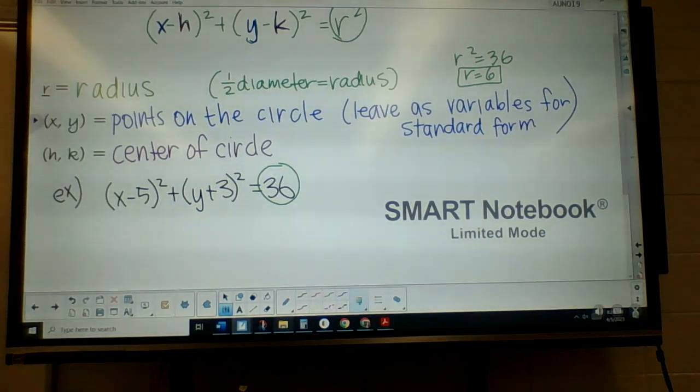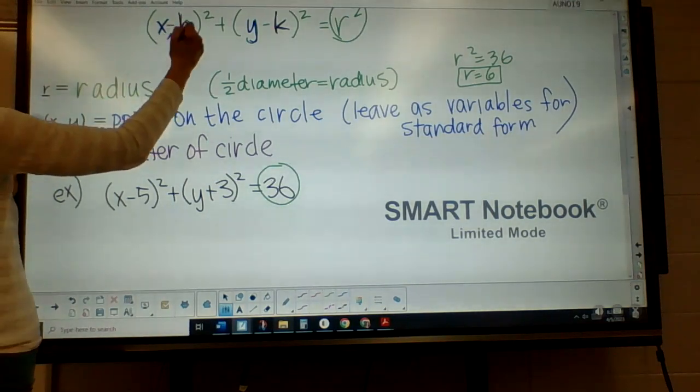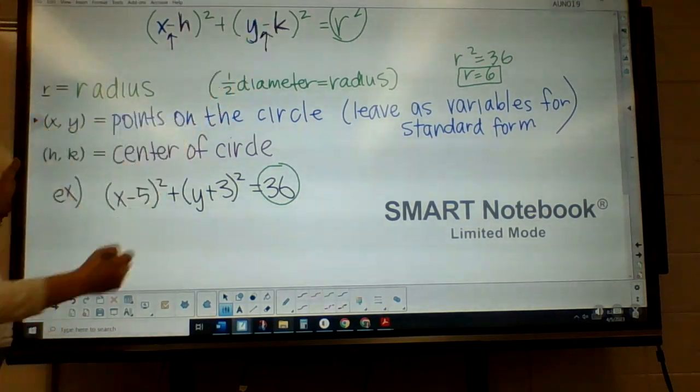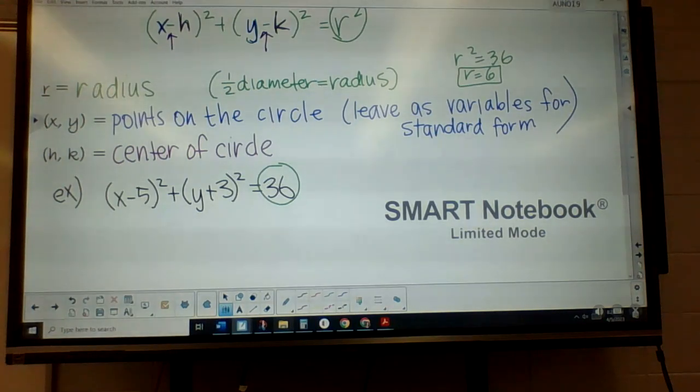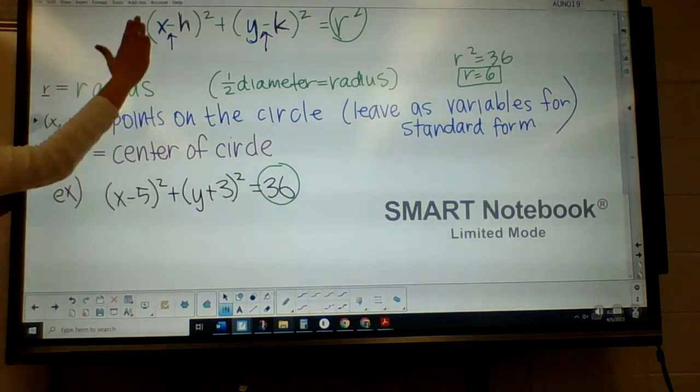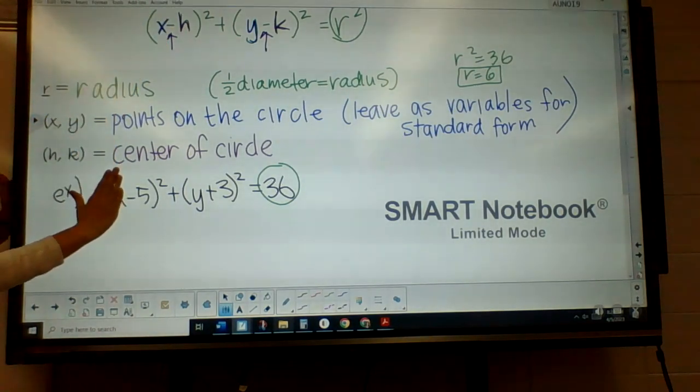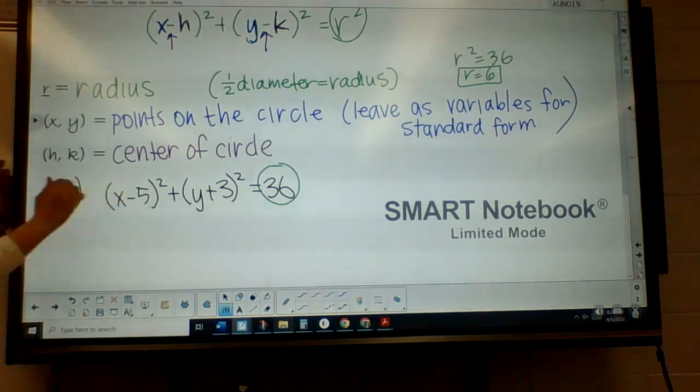This is where the center is a little confusing. Notice in the formula there's a minus sign here. We actually have to look at it as the opposite of what it looks like. Think about covering up the x minus. What's the h going to be? 5.